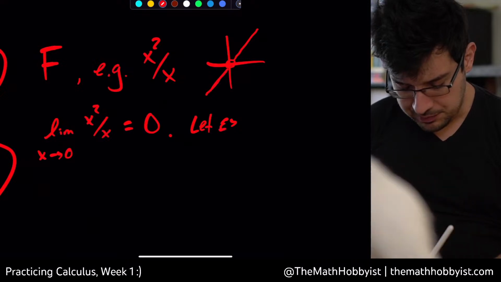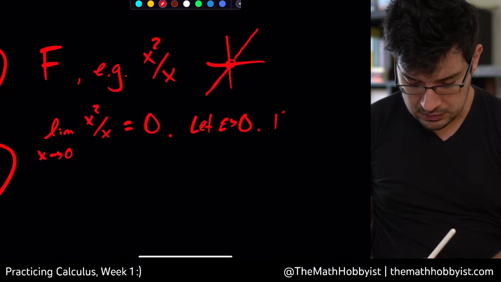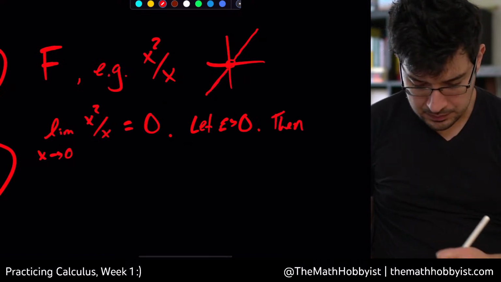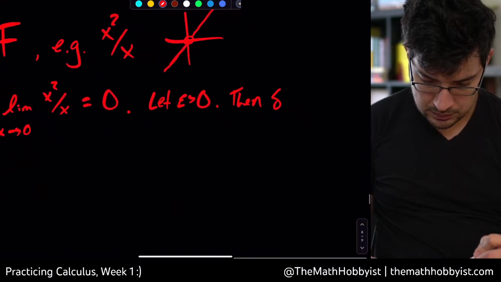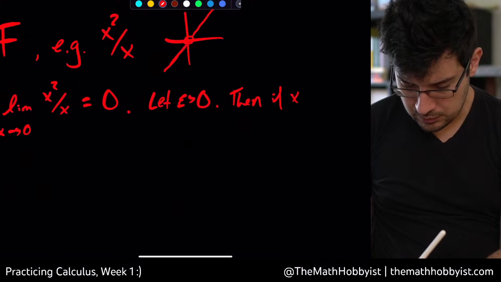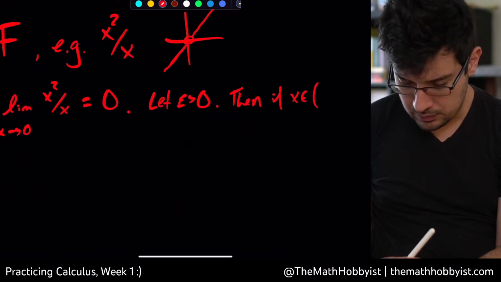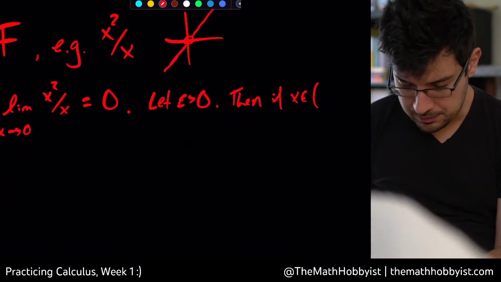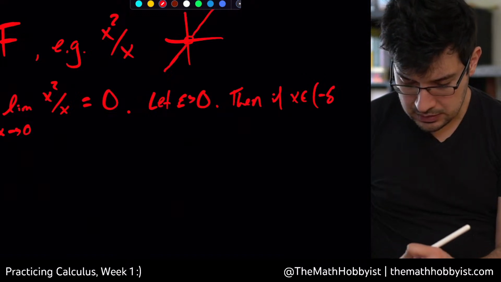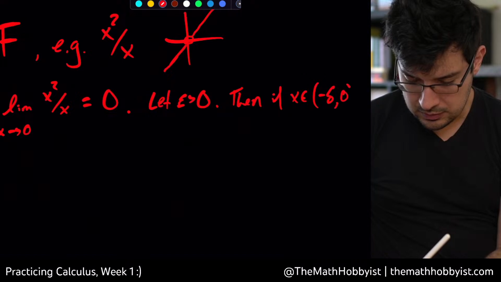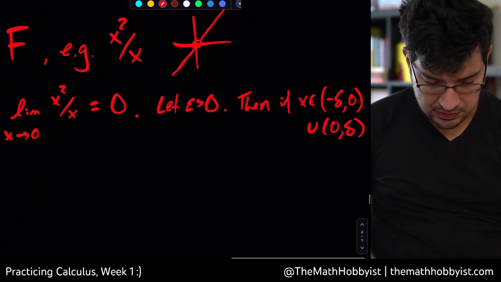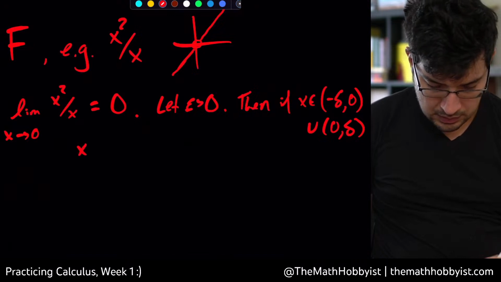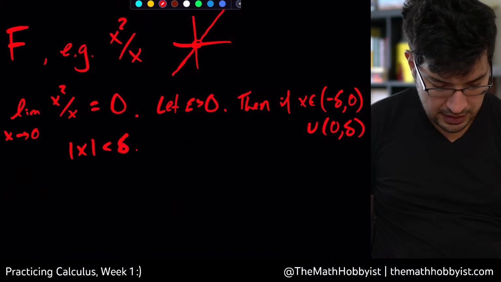Let epsilon be any value greater than 0, then if x is in negative delta to 0 union 0 to delta, we can handle two different cases, but in either case, the absolute value of x is going to be less than delta.